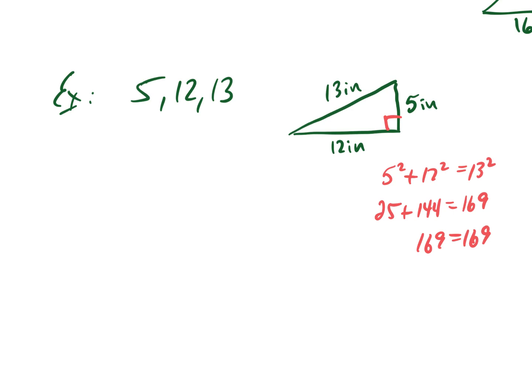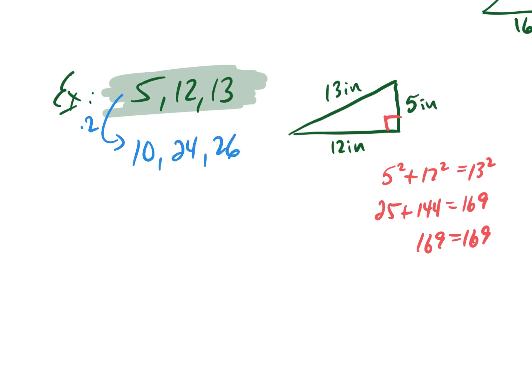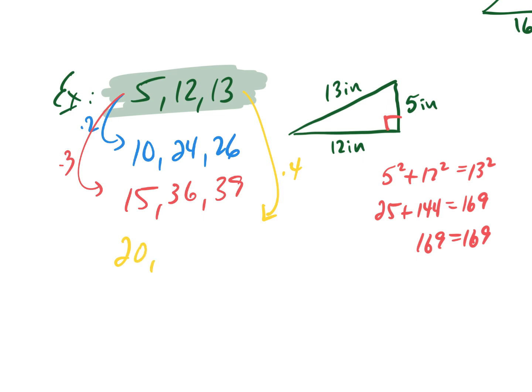Okay, so once you get that first one, here's a triple that works, then any multiple of that also is a Pythagorean triple. So then I could multiply by 2, 5 times 2, 12 times 2, 13 times 2, or I could multiply by 3, 5 times 3, 12 times 3, 13 times 3, or I could multiply by 4, so 5 times 4, 12 times 4, 13 times 4.